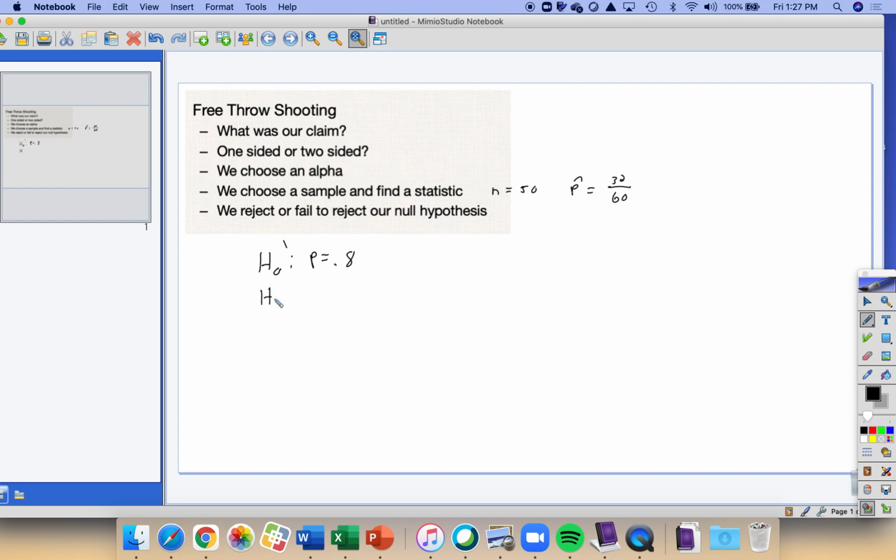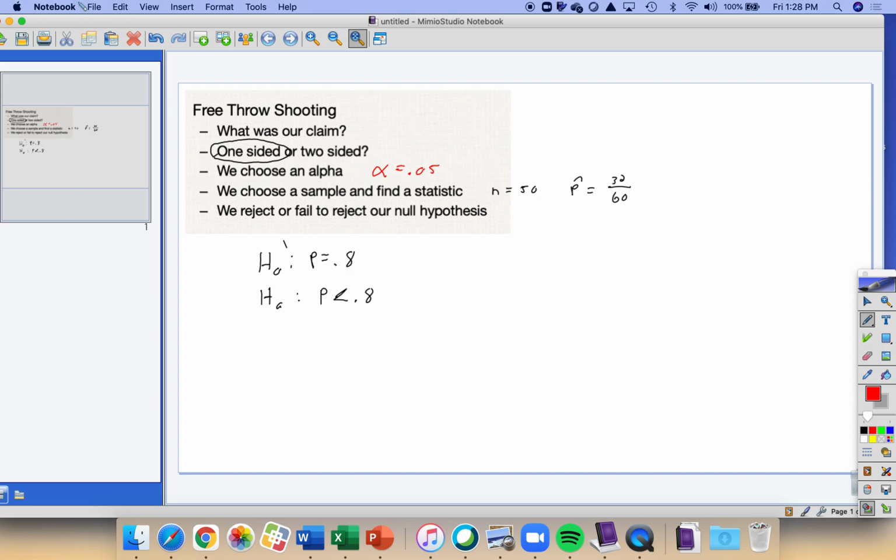And my alternative, which is what you guys said because you think that I'm no good at basketball, is p less than 0.8. We chose a one-sided test because you guys don't care if I'm any better at basketball. You just want to know, am I worse? Choose an alpha. Let's just say alpha is equal to 0.05, or 5%.